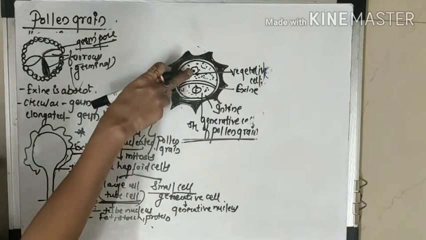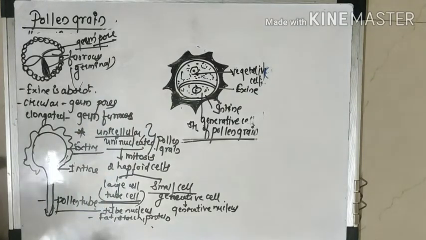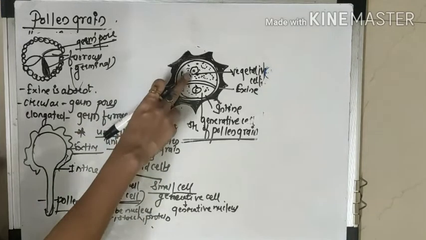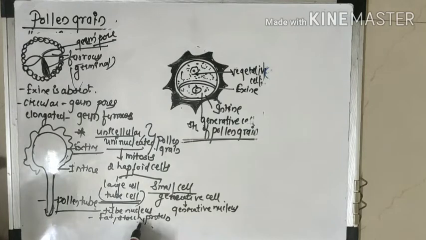It has a tube nucleus, it has a generative nucleus, but along with that the vegetative cell contains fat, starch and protein.